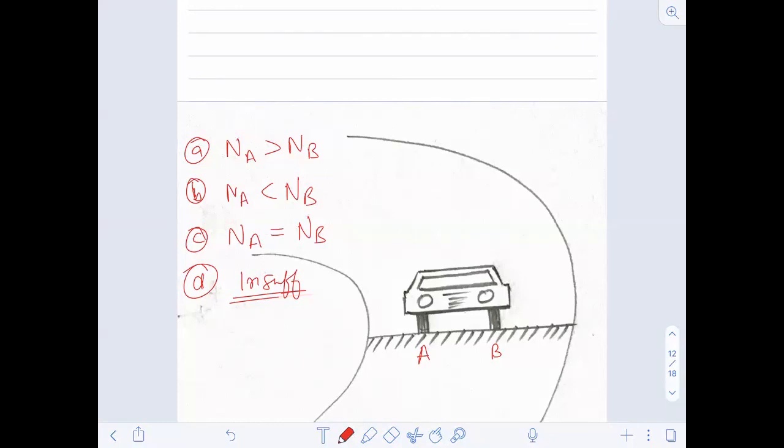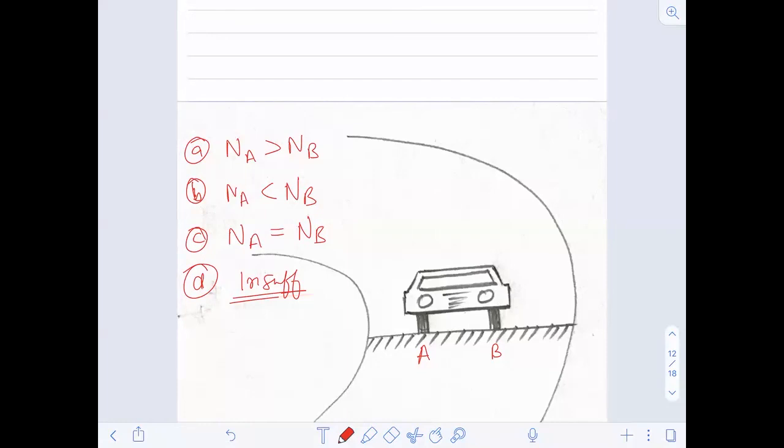I'm asking you, a car is on a circular track with a certain velocity and it is taking a turn, so what will be the case? Option A, B, C, D. Only three answers I got.